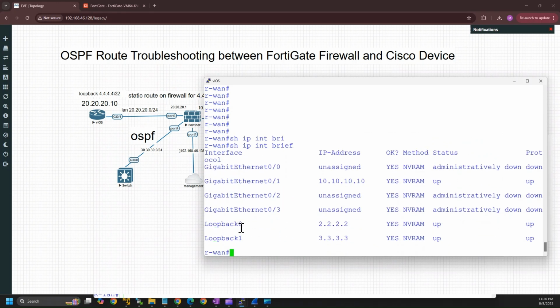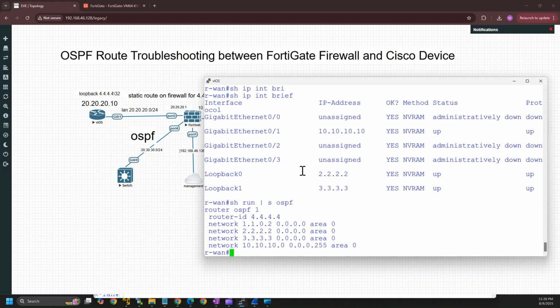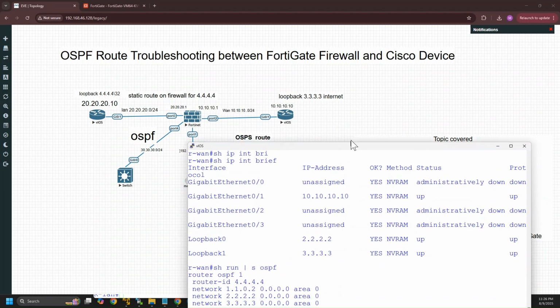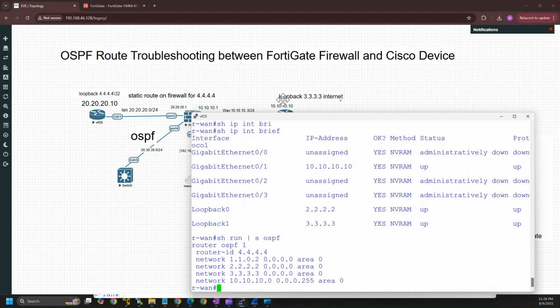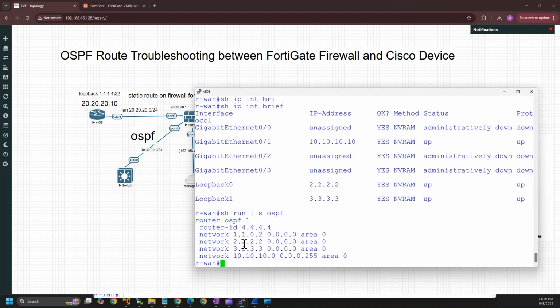Here, if you see, we don't have any IP related to this router ID. In the OSPF session it has 4.4.4.4, but here we don't have any loopback, and we have not configured 3.3.3.3 or any other unique ID.